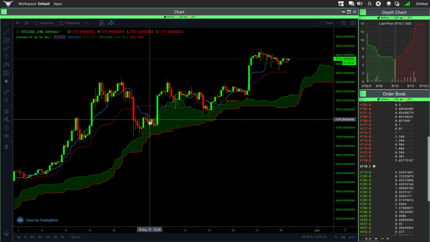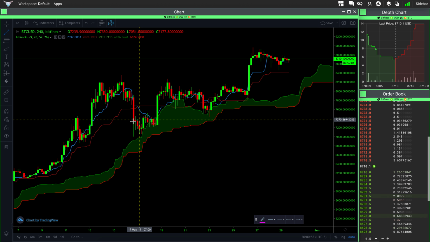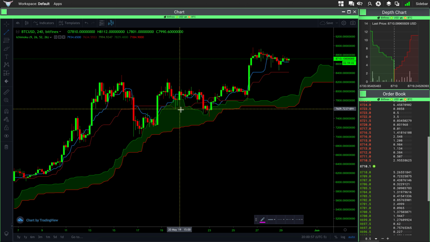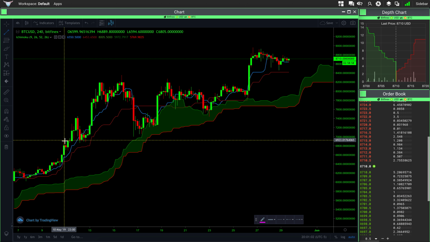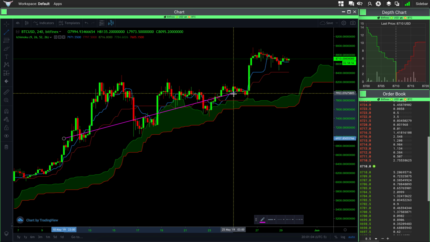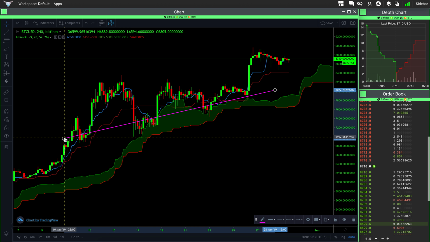First thing that really pops into my head when I look at this chart is I see a support through here, and I see resistance that turned into support. So what I'm seeing here is basically somewhere about here, maybe.